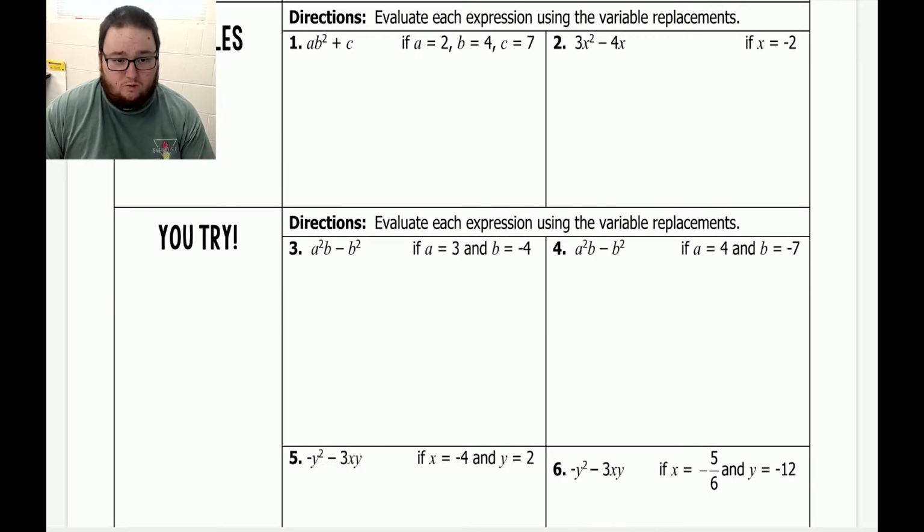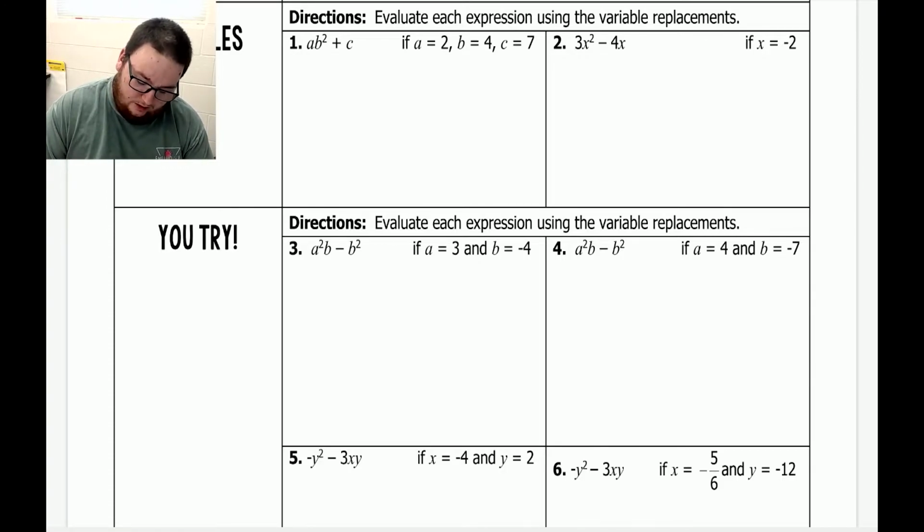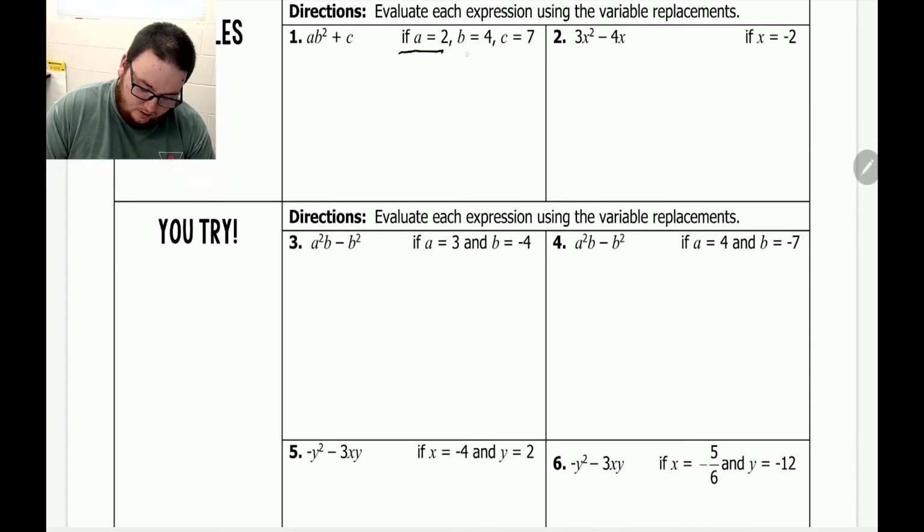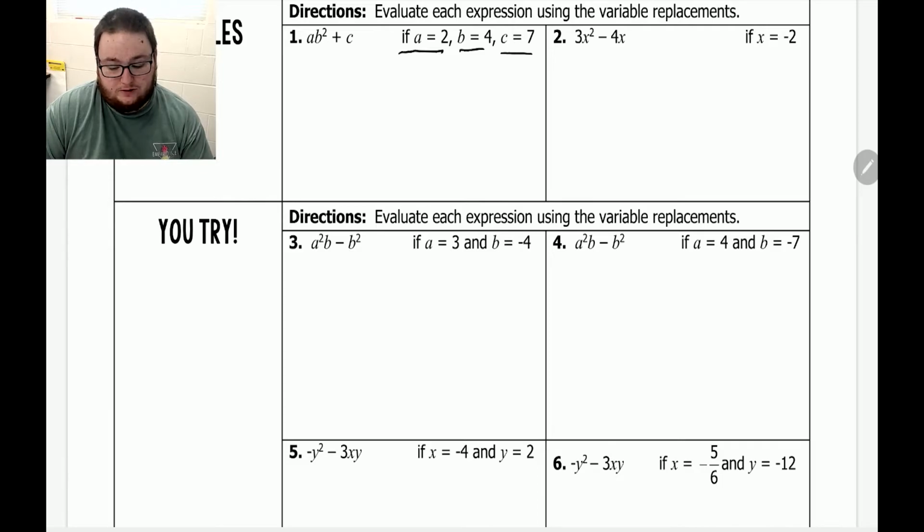So if we move on to number one, we have a times b squared plus c. And over here we have what a is equal to, what b is equal to, and what c is equal to. So following the first step, we're going to substitute the variables with their given values.